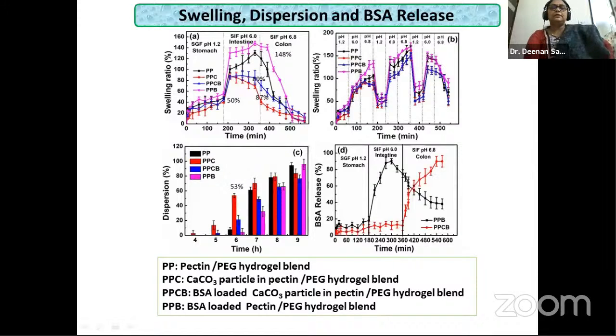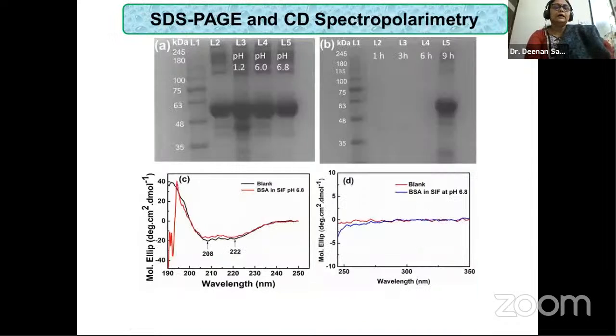So coming to the SDS-PAGE, whatever solution we got, we could run the gel. In the PPB, that is with the BSA, it is releasing at 1.2, 6, 0.8.